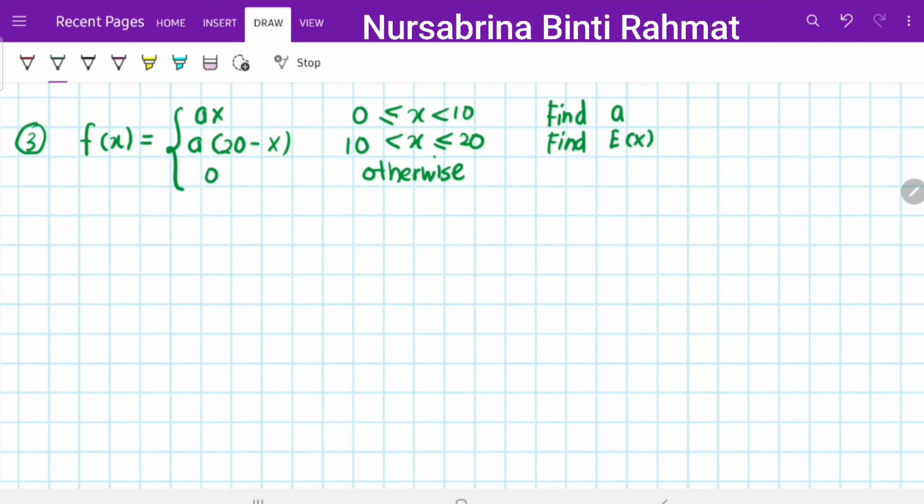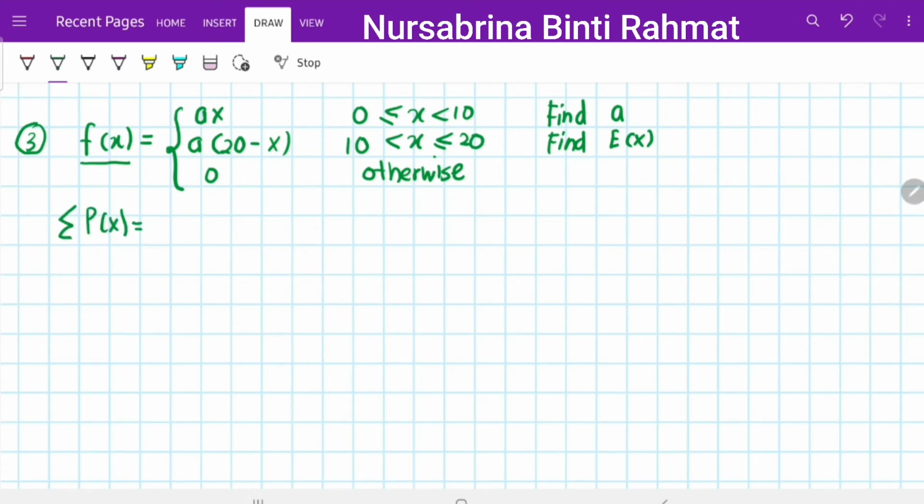So how do we get this? First, we need to solve for a. You have to remember that integrating your probability density function refers to the area under the graph. Area under the graph means you are calculating the probability, and the sum of the area under the graph is equal to 1, the sum of probability.